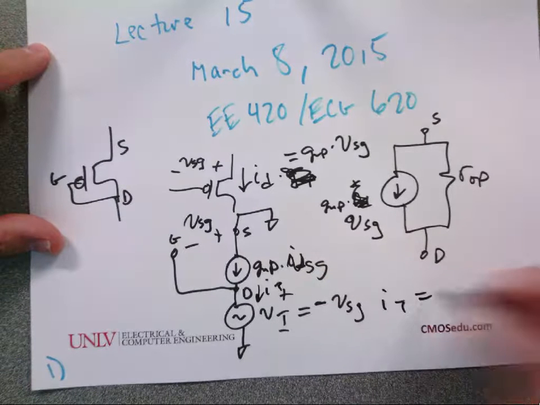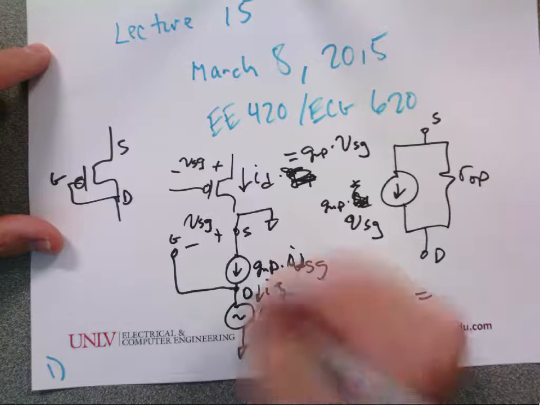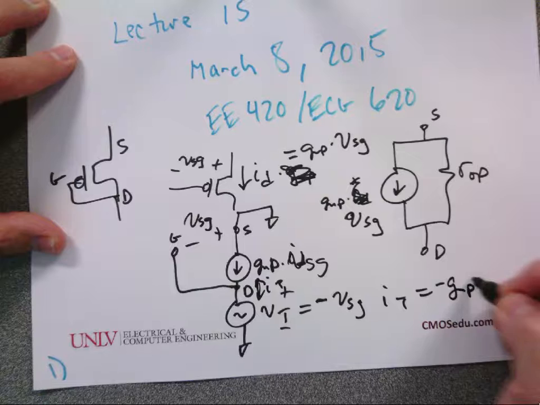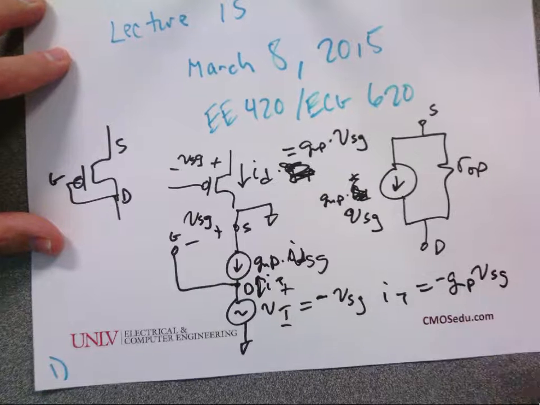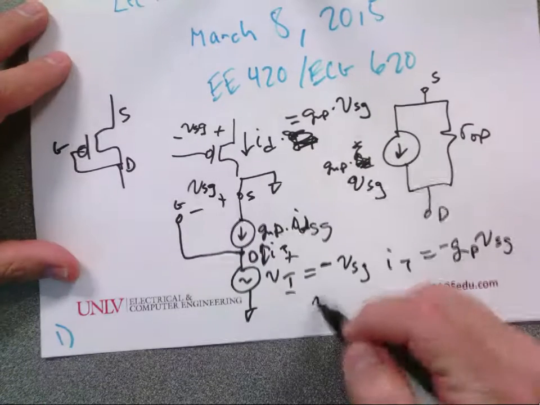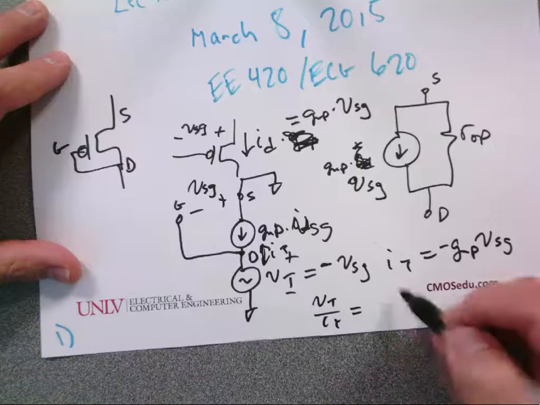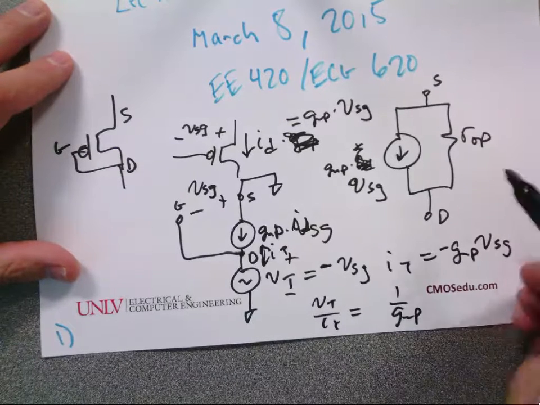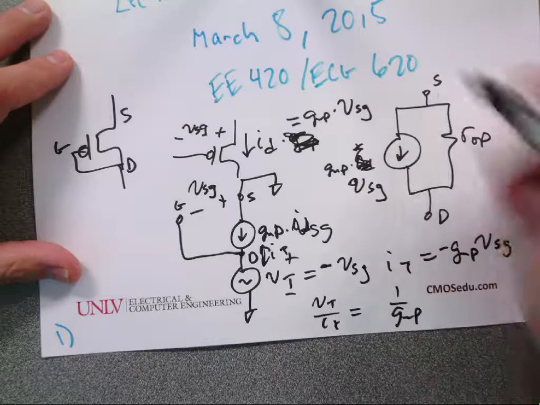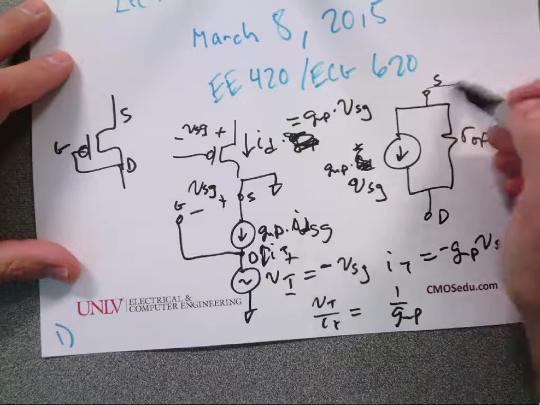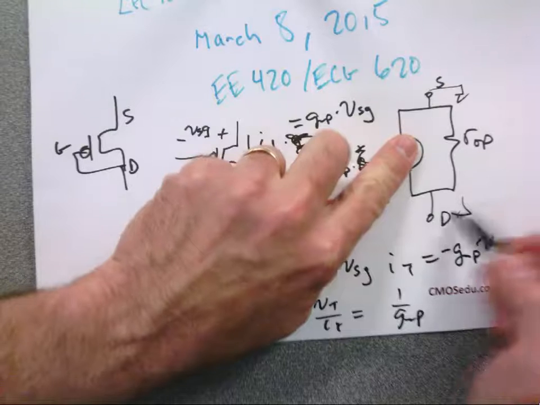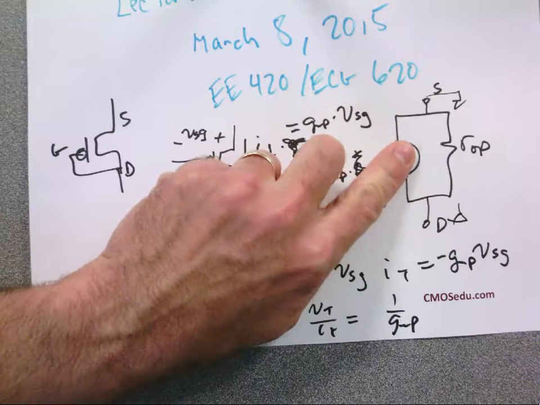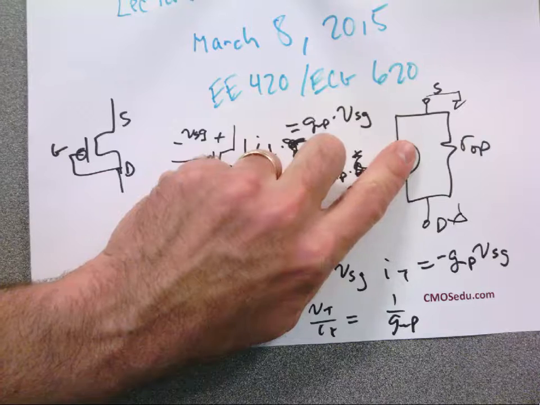GMP. Wouldn't everybody agree that V test over I test is equal to 1 over GMP? And if I ground this, what's the resistance looking into the drain due to the output resistance? Yeah, it's ROP. Does everybody agree with that?